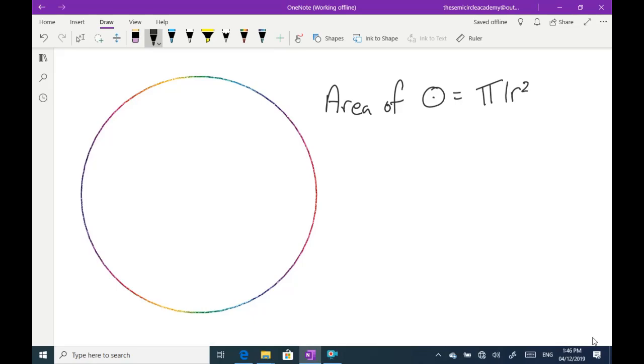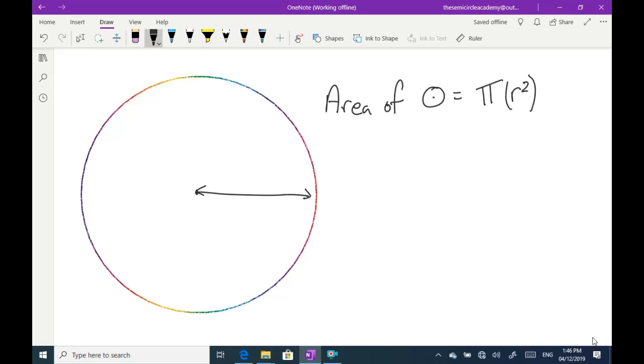So the r is what is squared here. Yeah. So what we have to do is first of all, they have to tell us what r is.